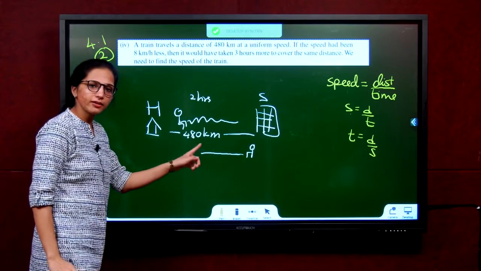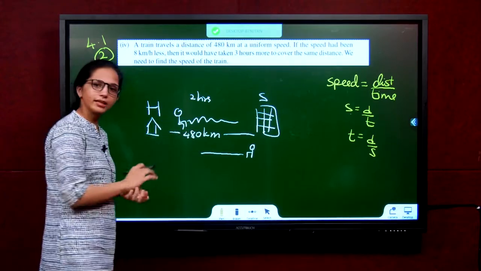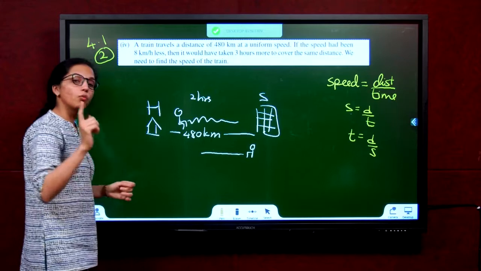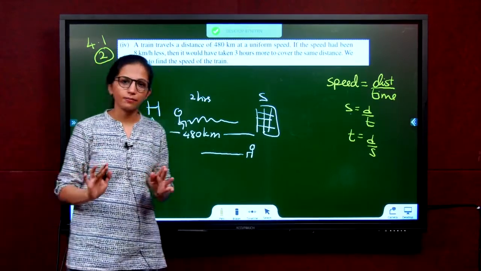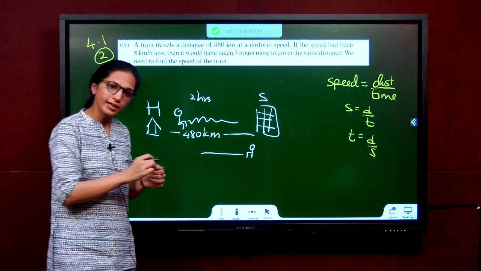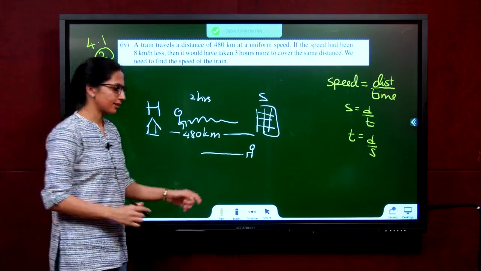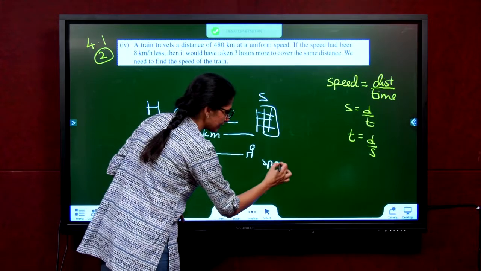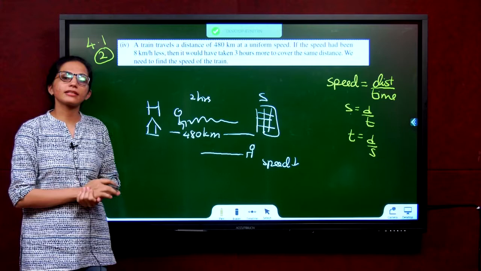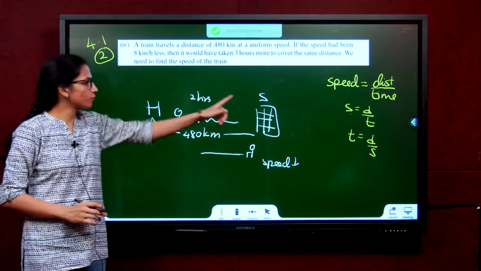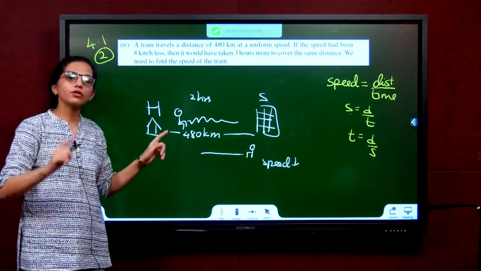Is the distance changing? No. So it is still 480 kilometers only. But now, what is your speed? Is it more or less? Speed is less because first you are running. Now you are walking and coming. So speed is less. What is the time? Time will increase or decrease? You took 2 hours to run from home to school. From school to home, now you are walking and coming.